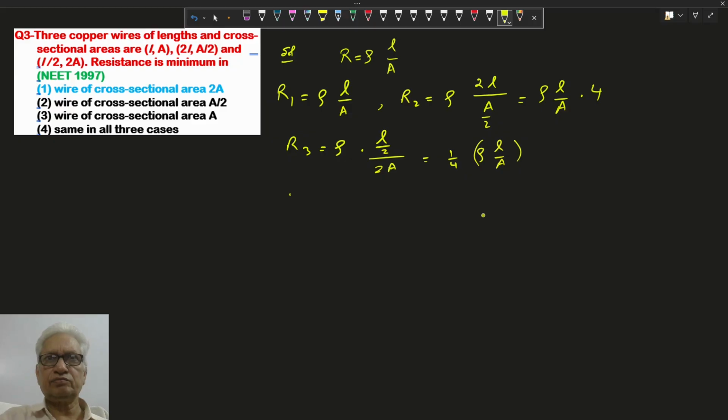So the minimum resistance is R3. Option 1.